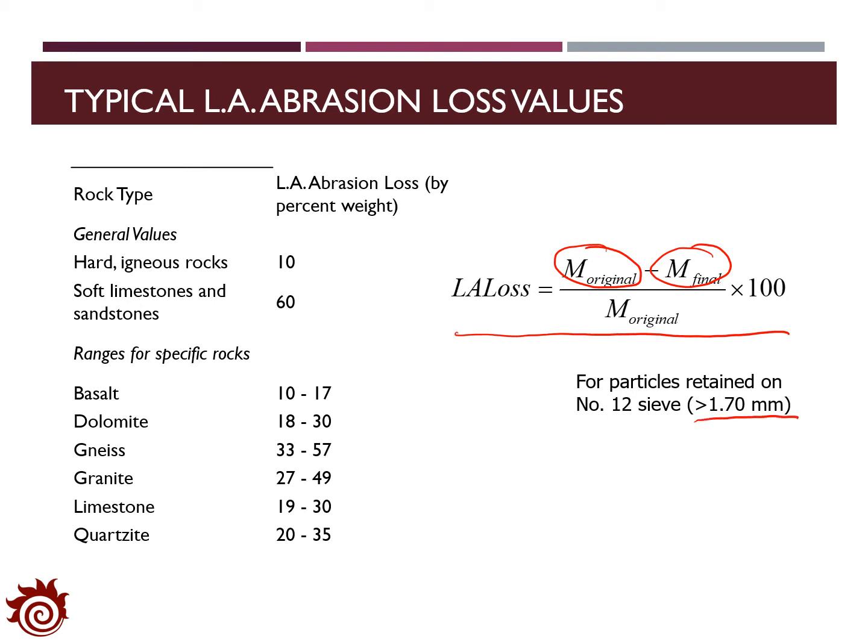The table on the left shows the typical loss values for different rock types. In general, for hard igneous rock, the loss value is around 10, and for soft limestones and sandstones, the value is as high as 60. And at the bottom of the table, we also can see the ranges of the loss values for some specific rocks.